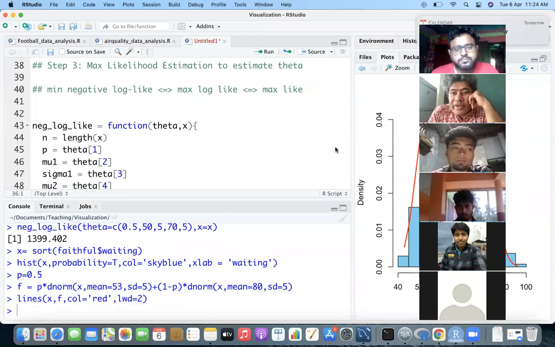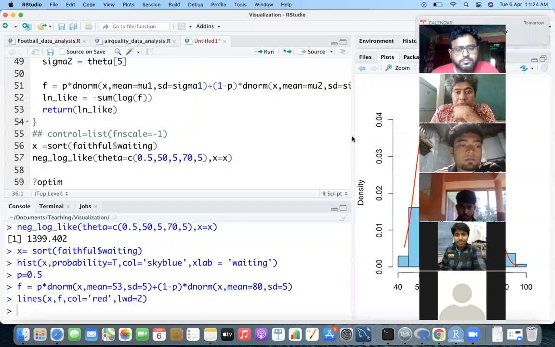But it is going to be a 5-dimensional optimization problem effectively right now. And we might face a situation where we may get stuck in one mode, one local maxima kind of thing. Okay.